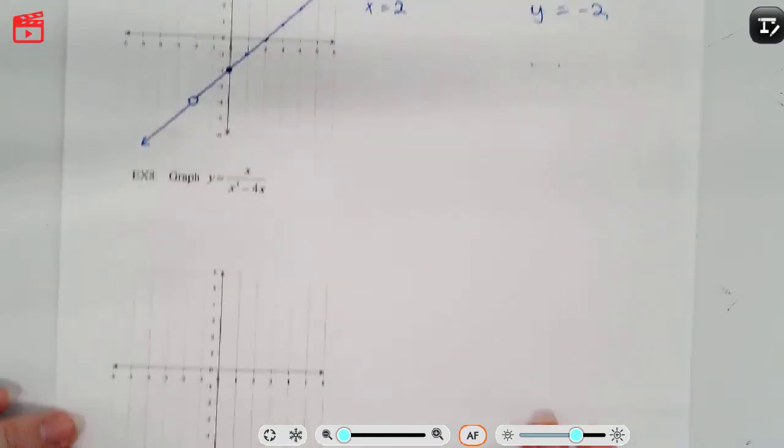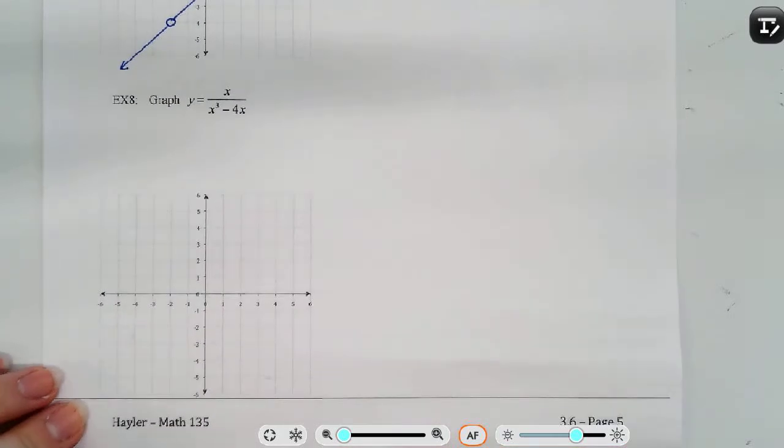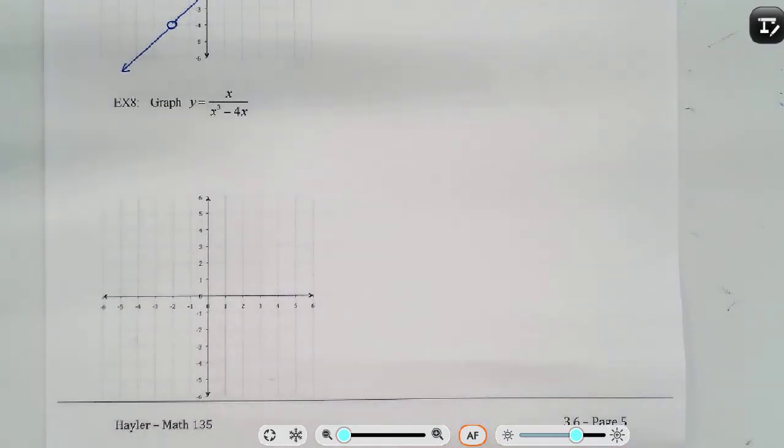All right, next one. Example 8. Go ahead and try to graph this one. See what you get.